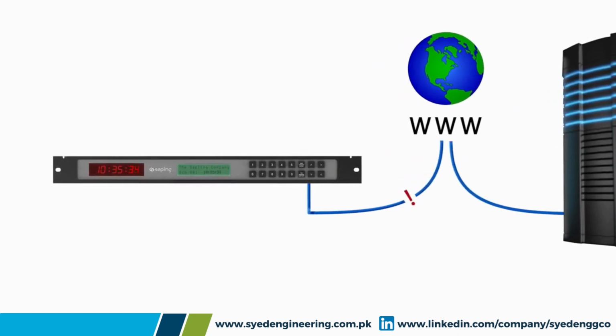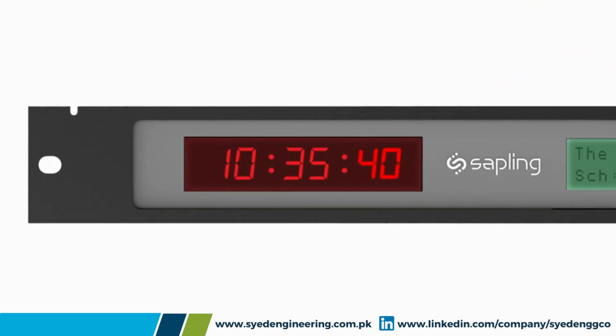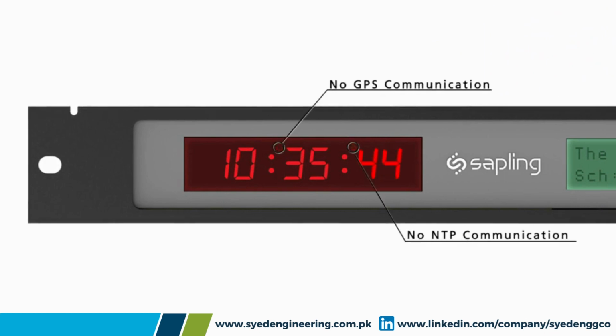If it is not receiving accurate time from an NTP time server or from the optional GPS receiver, the third or fifth circular LED dots on the front display will blink to indicate a time communication issue. If this is the case, please consult with the manual.